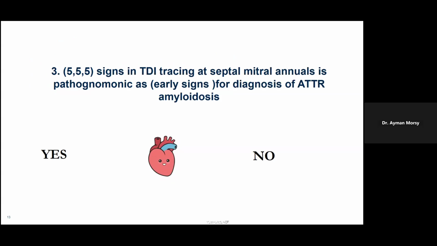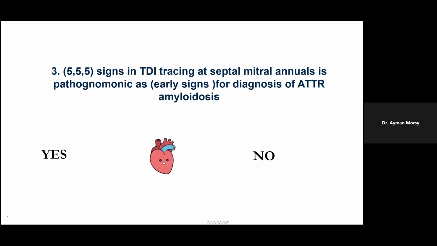Lastly, not least, when you are working with cardiac amyloid, we are very happy to see patients with the 555 sign in the tissue Doppler imaging tracing at the septal mitral annulus.